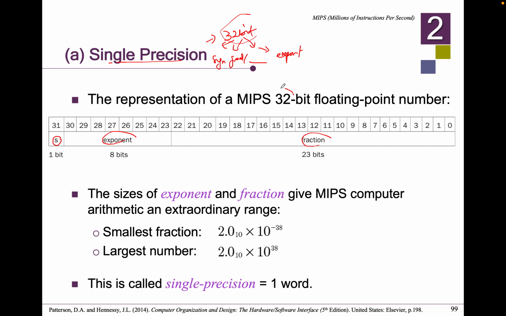For 32 bits, you have a sign of 1 bit, then 8 bits for your exponent and 23 bits for your fraction. So altogether, when you add 23, 8 and 1, you get 32 bits.